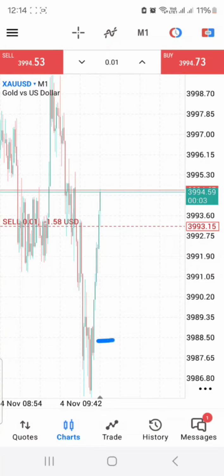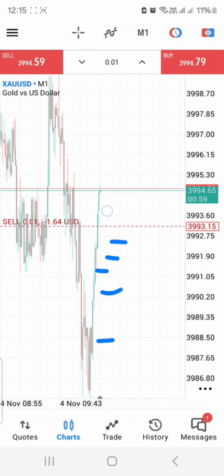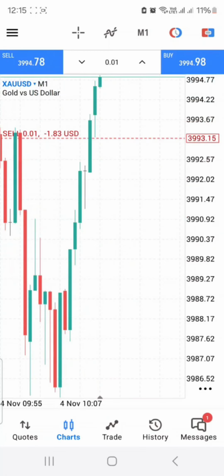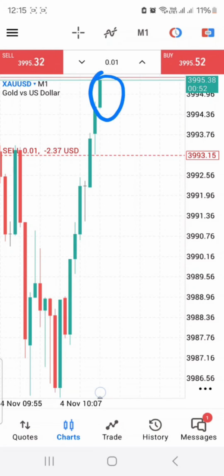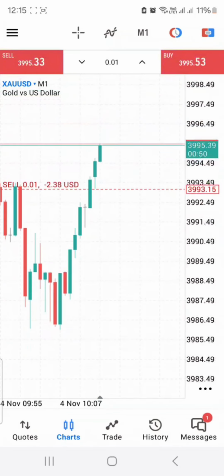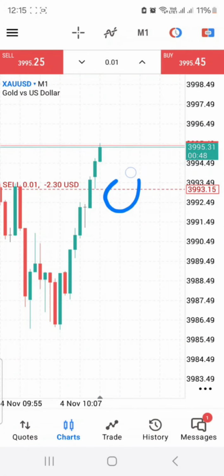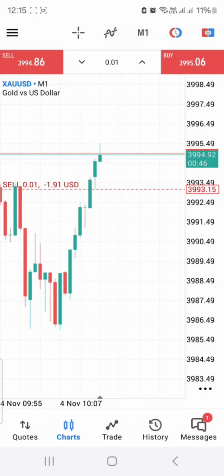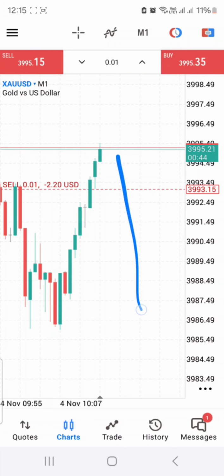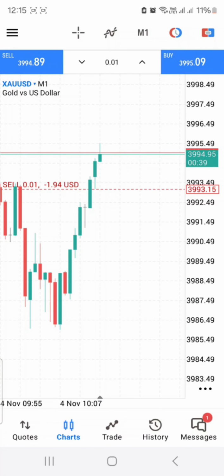They keep on coming. Now the candles are above our sell line, meaning that we are losing. So we're going to wait until it comes below our sell line. That's when we'll start making money.